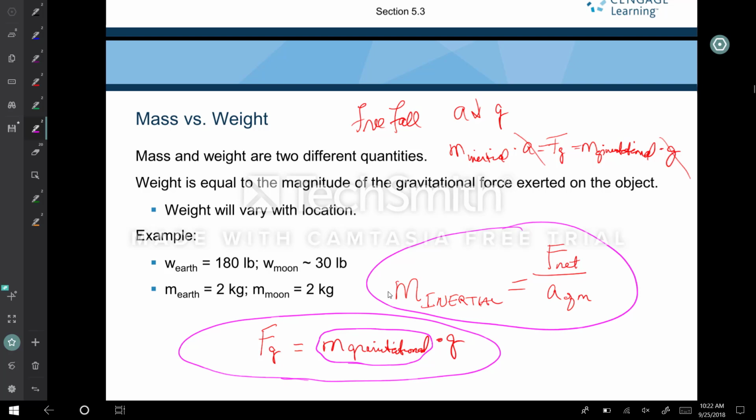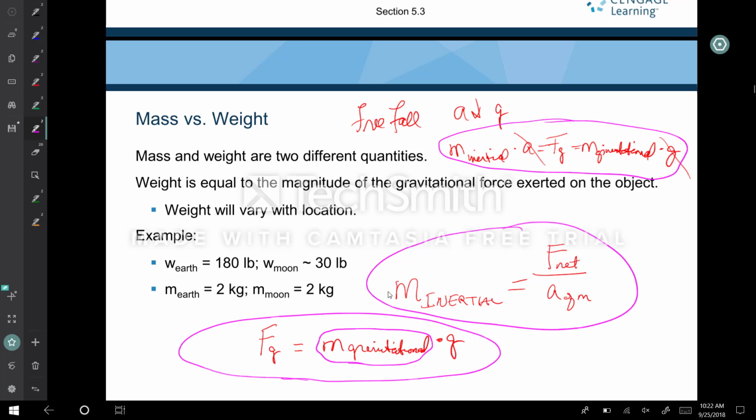Any force of any kind. And by looking at free fall, we can see that the property we've observed, that all objects fall with the same acceleration if friction can be neglected, tells us that those masses are one and the same.